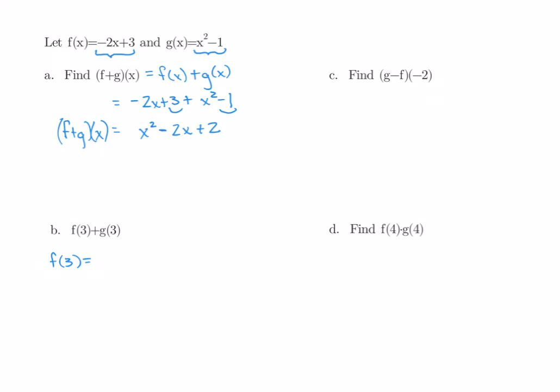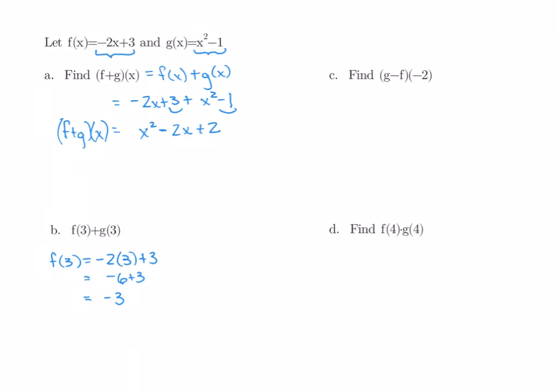And remember that to evaluate the function at 3, we're just going to plug 3 in wherever we see an x, and simplify. So we get negative 6 plus 3, or negative 3. Now that's the first half.